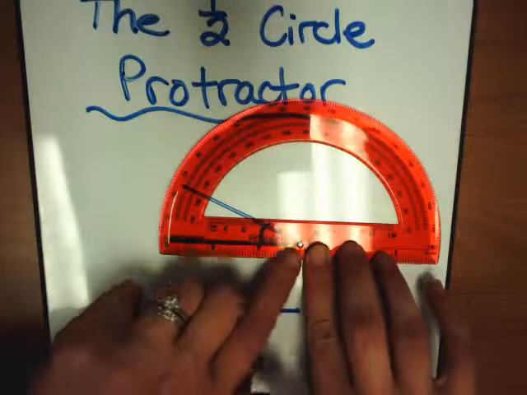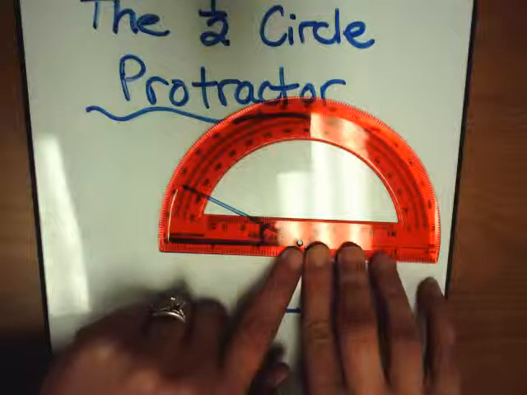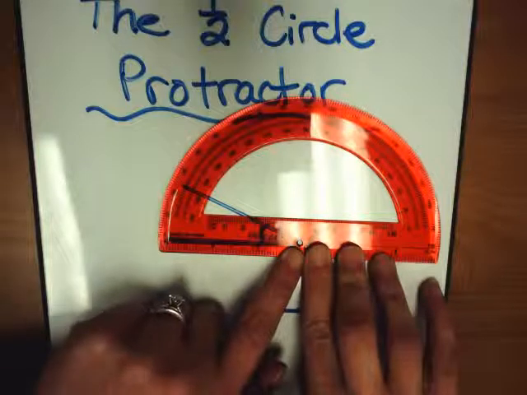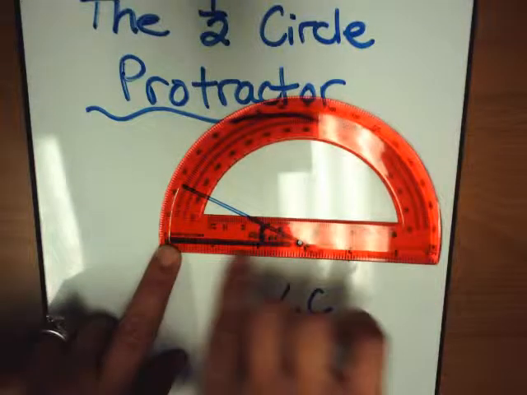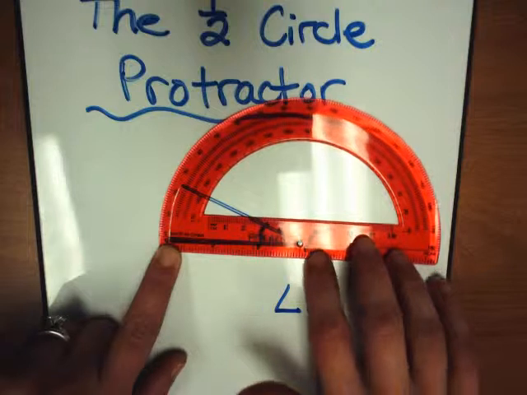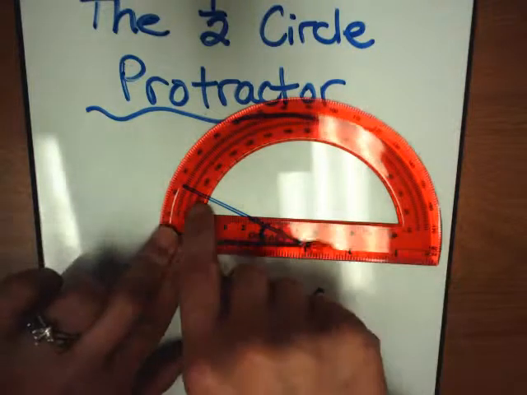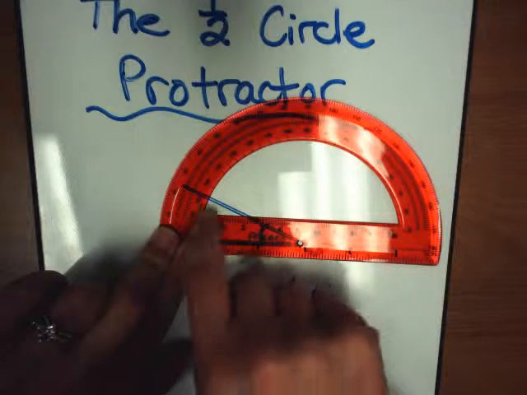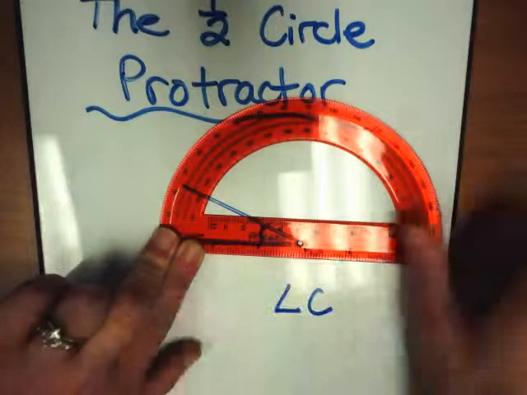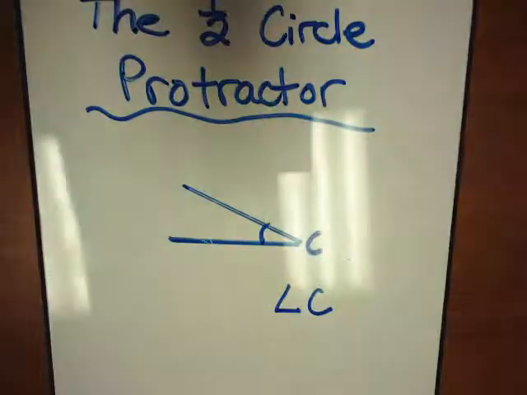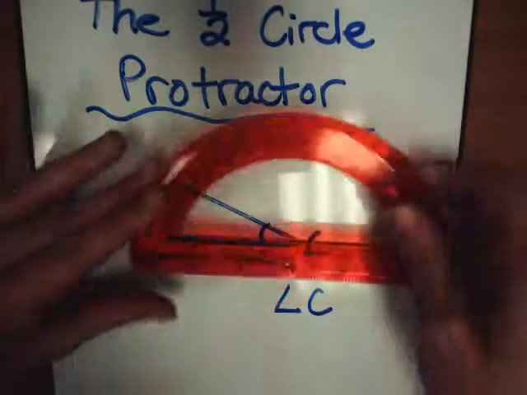So when I've got my circle right over that vertex, then here's my baseline starting me at 0, okay? So I've got two measures. On the inside, it ends at 170 degrees. Is that a 170 degree angle? Absolutely not, right? So that's an unreasonable answer.